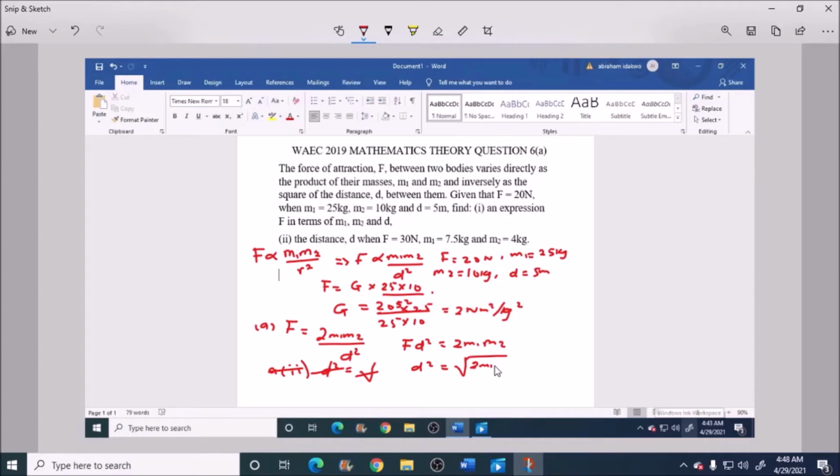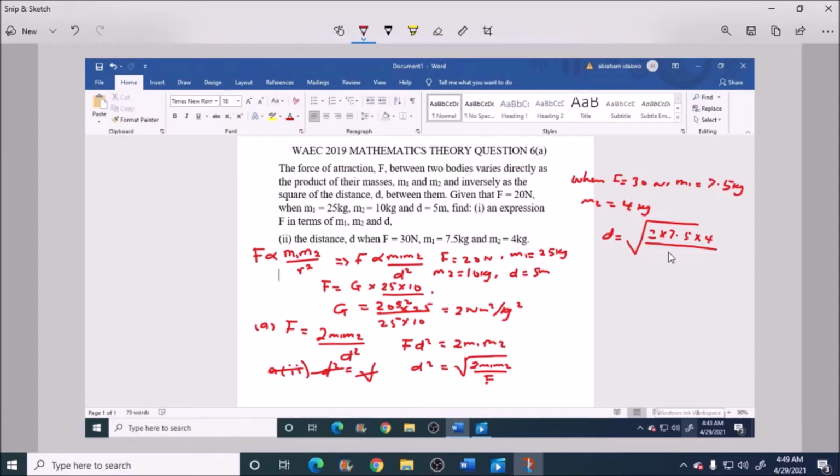So we're told that when F is equal to 30 Newton, m1 is equal to 7.5 kg, and then m2 is equal to 4 kg. Okay, so d is equal to the root of 2 times 7.5 times 4, everything divided by 30.